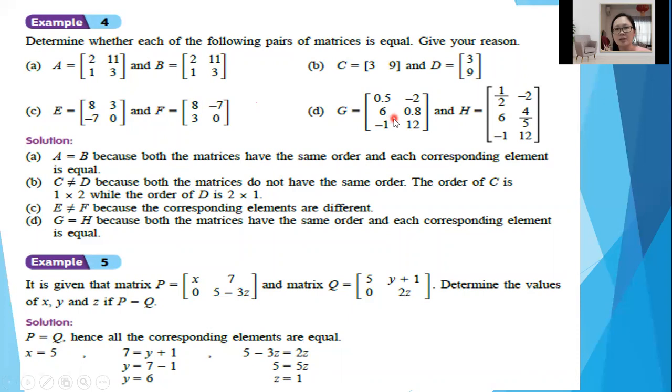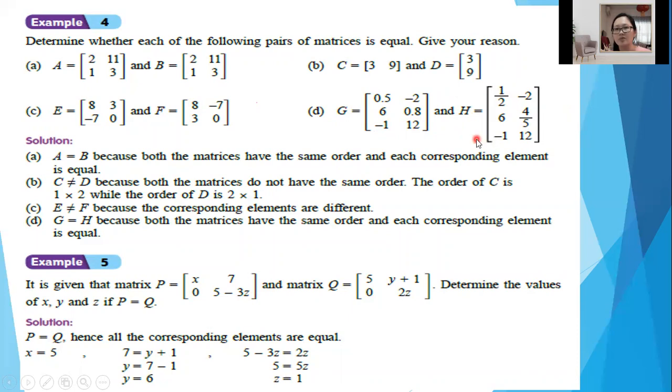Okay, last one, G and H. 3 rows, 2 columns. 3 rows, 2 columns. 0.5, 1 over 2. 0.5 equals 1 over 2. Negative 2, negative 2. 6, 6. 0.8, 4 over 5 also equals 0.8.